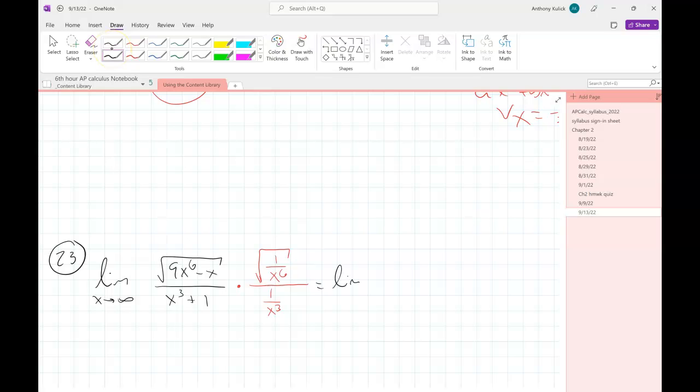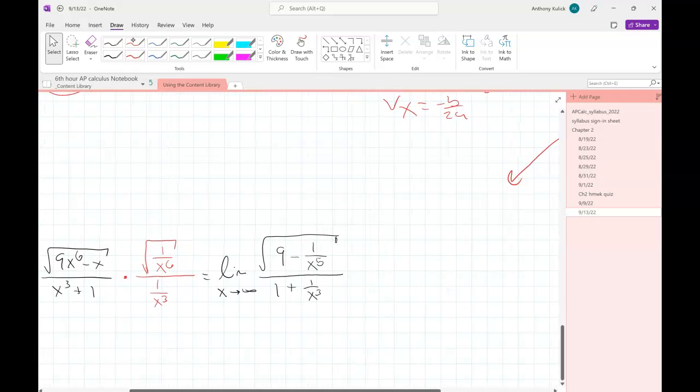Now when I multiply this through, I end up with 9 minus 1 over x to the fifth on top, and 1 plus 1 over x cubed on the bottom. So far, so good.